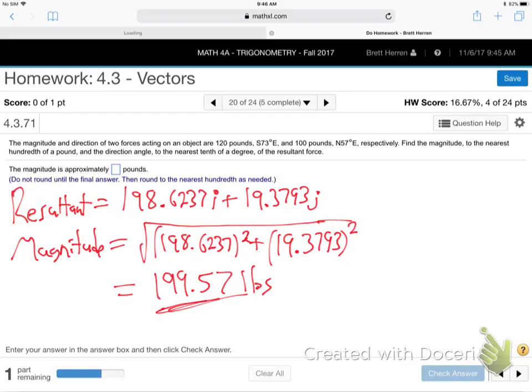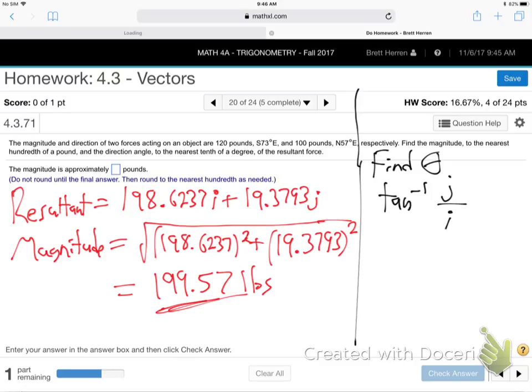So how do we always get the angle? The inverse tangent. Y'all with me? But you got to remember what quadrant it's in. Let me say that more clearly. To find theta from I J, you do inverse tangent of the j component over the I component.